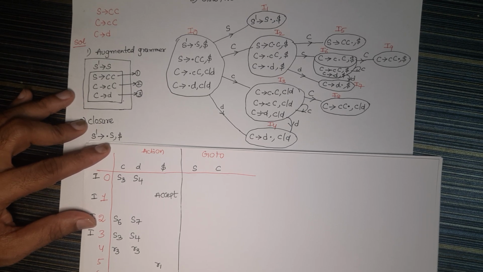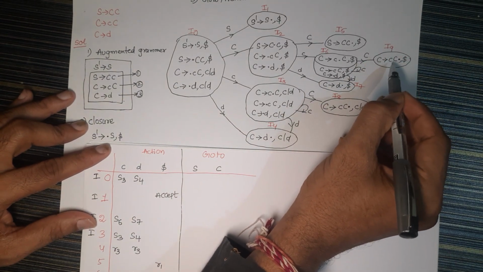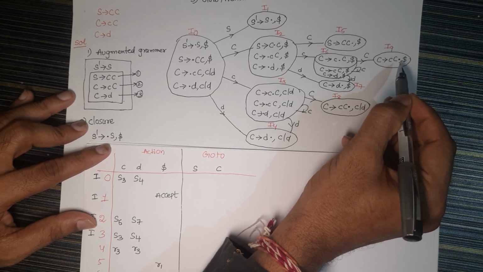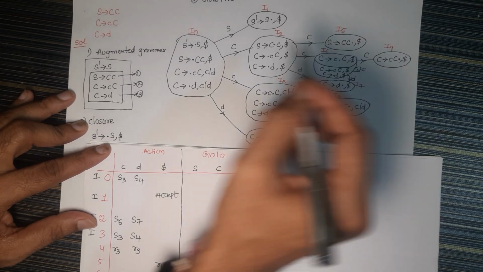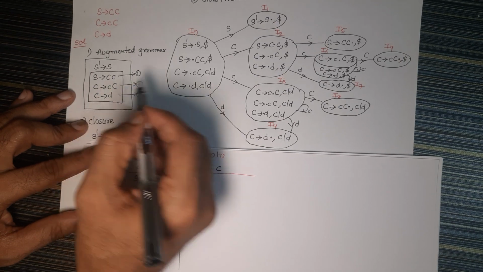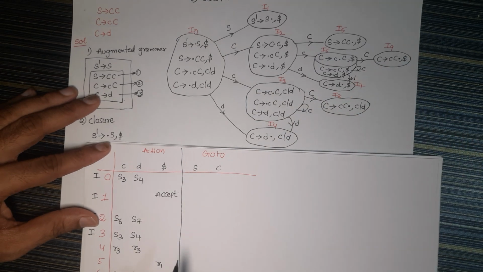Next one, I9. What is this I9? C tends to CC dot, dollar. So this will become the final move. Now what we have to do? It is the second production. So we will place this C tends to CC in place of dollar.